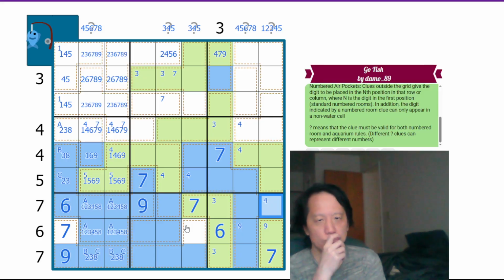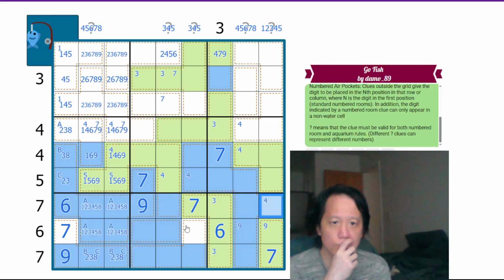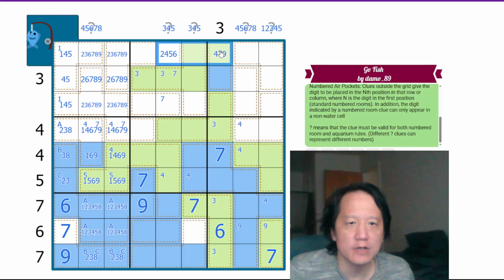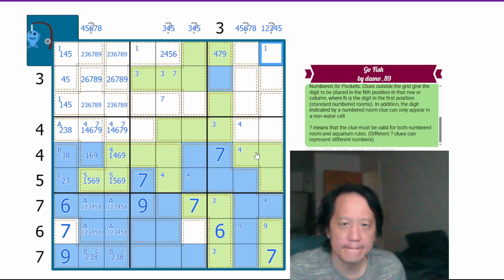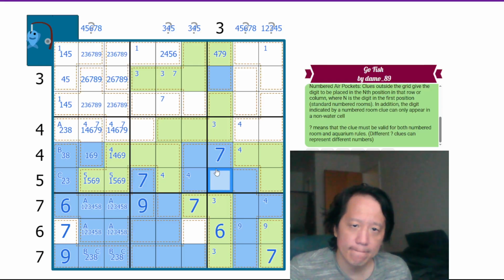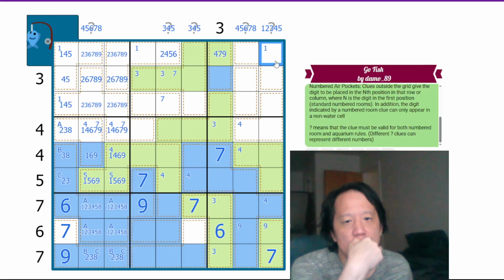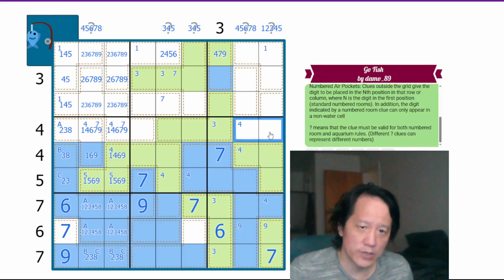So 1 cannot be any of these digits here. 1 could be all of these 3. Two out of these 3 cages have water in them.